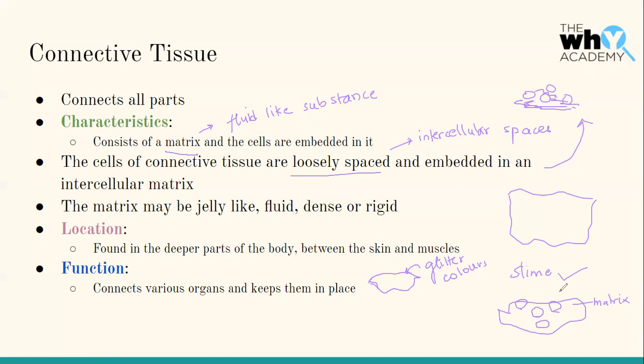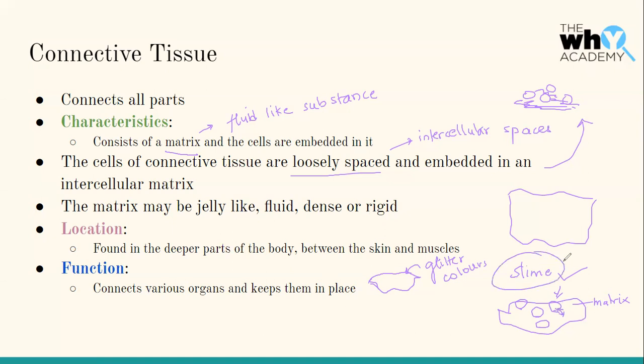So all that which gets trapped in the slime would be considered as the cell. So it's basically in the slime, but it's not. How should I say? It's kind of sticking to the slime. That's what you call embedded. It's interlinked with the slime. So you can use this to remember the meaning of a matrix and cells.